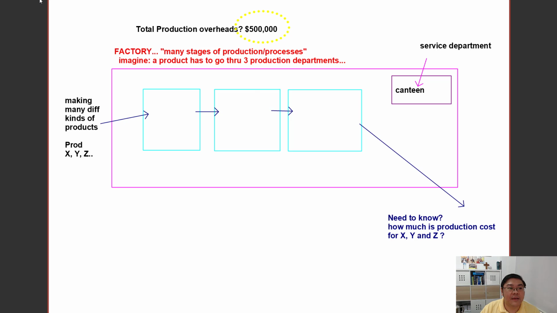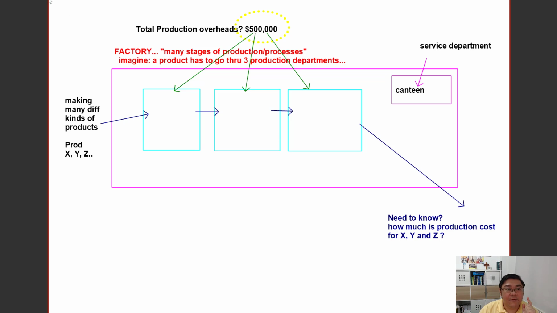For example, we ask how much of the 500,000 relates to this department, how much relates to this department, and how much relates to this department. We're trying to take the full amount and split it into all the individual departments so that we can label them and group or aggregate them together. Later we would use some association, and use that basis to say this is the amount of overheads that goes to products X, Y, and Z.